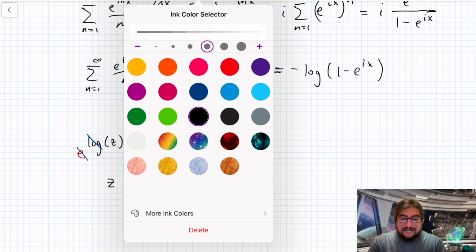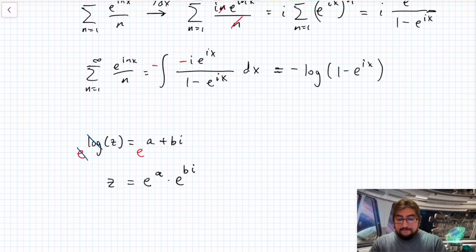Now at the same time, any complex number, z in particular, can be written in its corresponding polar form, which is its magnitude times e to the i times its argument, which is the angle theta that it corresponds to.